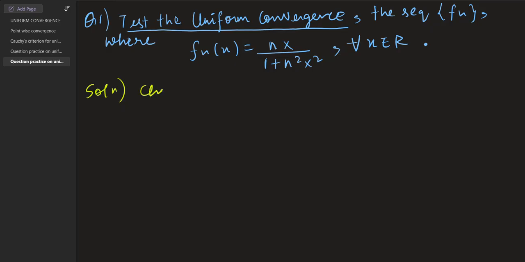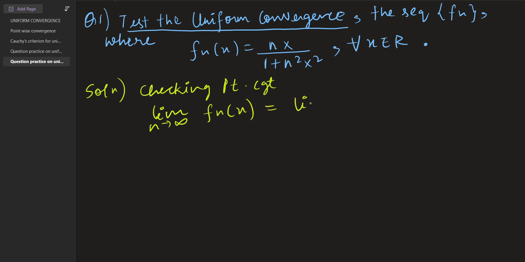So checking pointwise convergent. Here limit n tends to infinity Fn of x is equal to limit n tends to infinity.